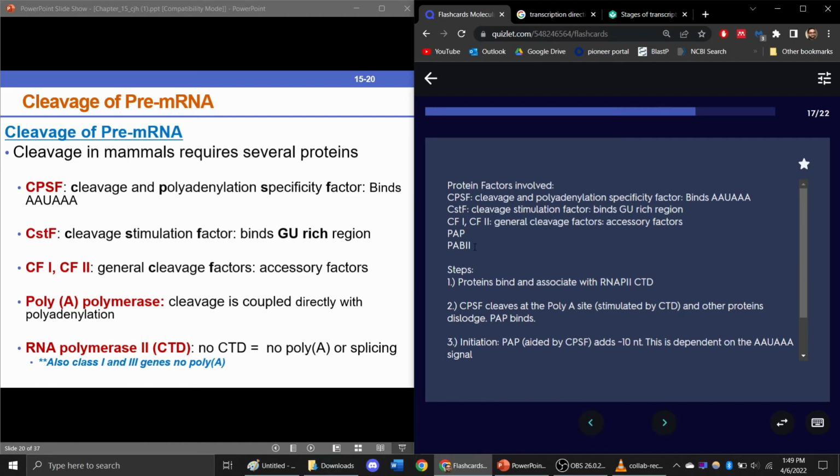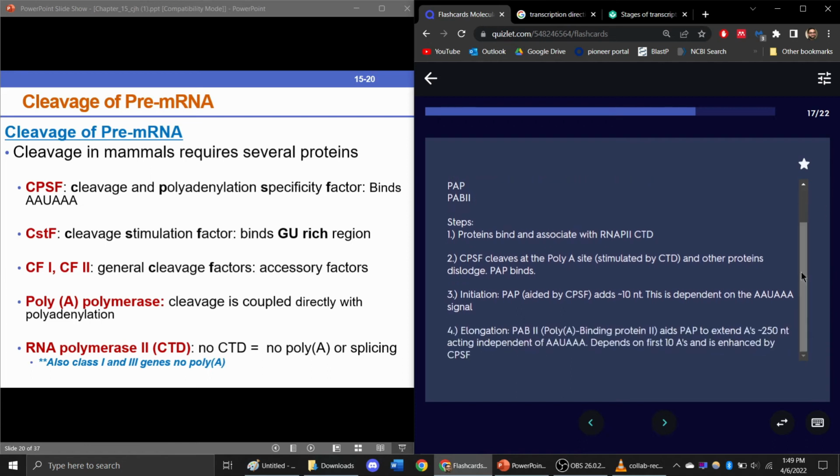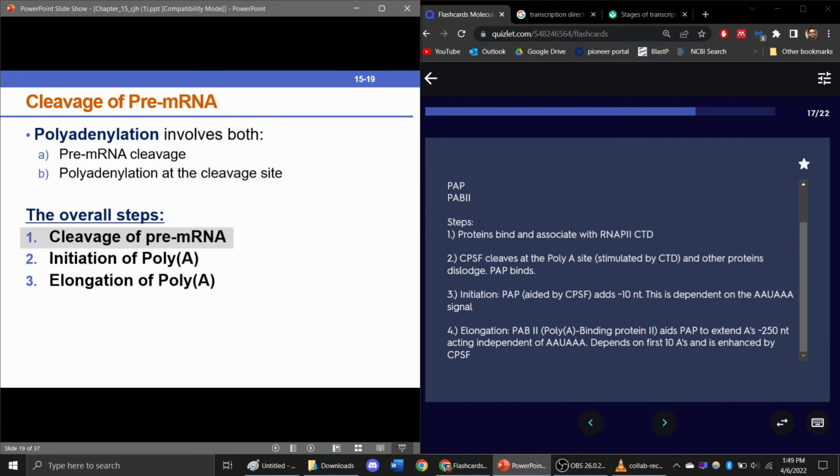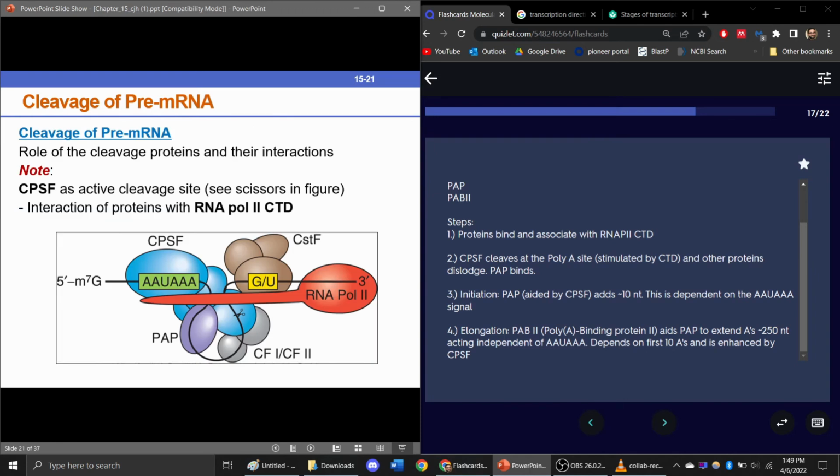All right, so now that we have our various enzymes laid out, let's go through the steps. In step 1, your proteins bind and associate with the RNA poly2 CTD. That's going to be the first thing. So the factors that I listed up top, they're going to do that.